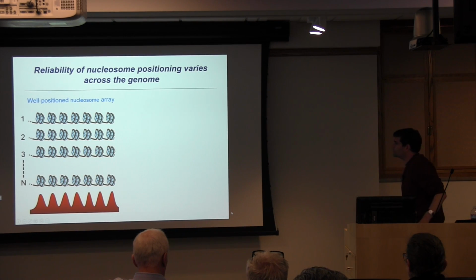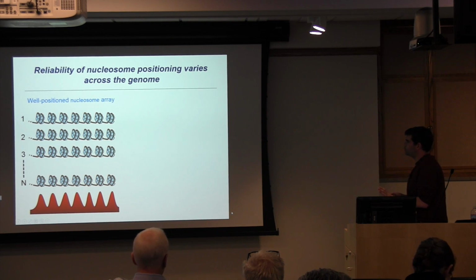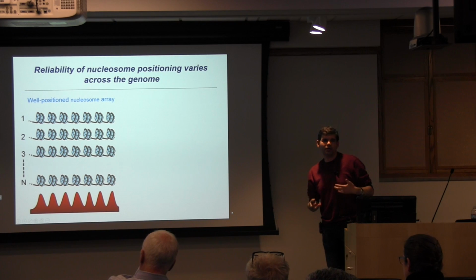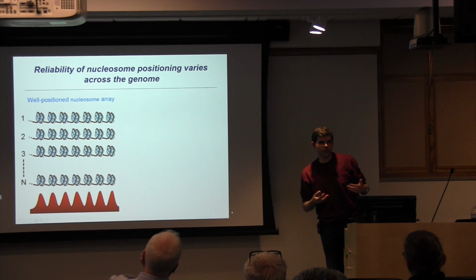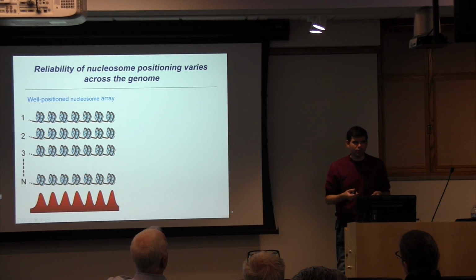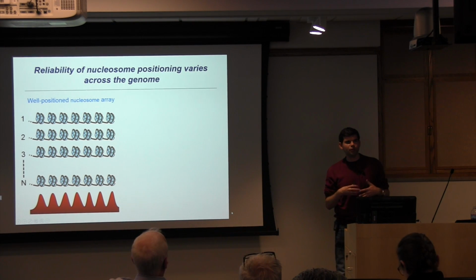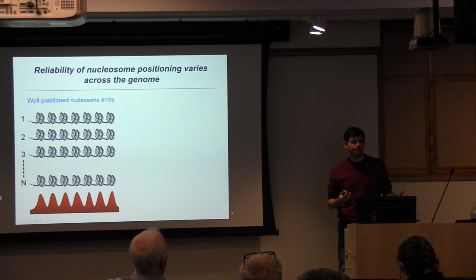So before I get to the data, I just want to conceptually explain what we are up against. In complex genomes like Arabidopsis or humans or mouse, nucleosomes are not arranged the same way all across the genome, and they're not arranged with equal reliability either.